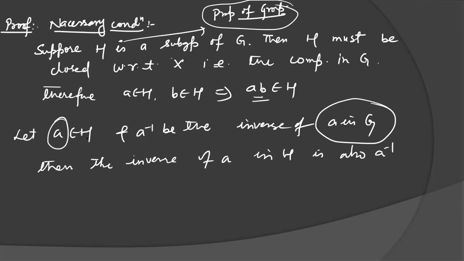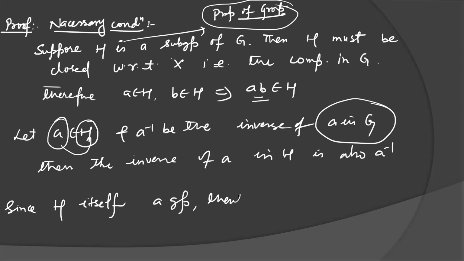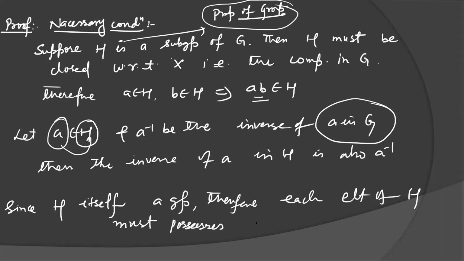It means if a belongs to H and it is satisfying the property of group, therefore its inverse must belong to H also. Since H itself, same thing I told you, H itself is a group, therefore each element of H must possess inverse. Therefore a belongs to H implies a inverse also belongs to H.